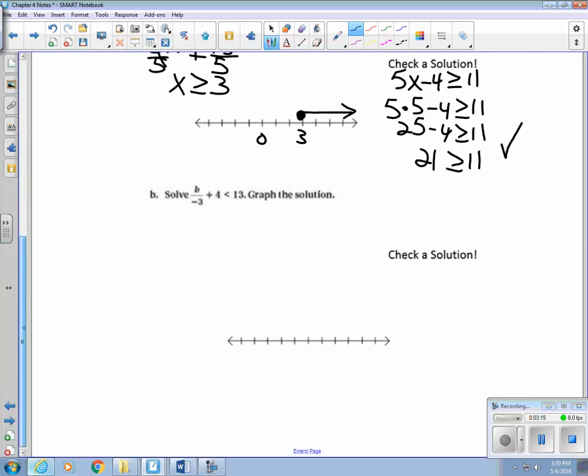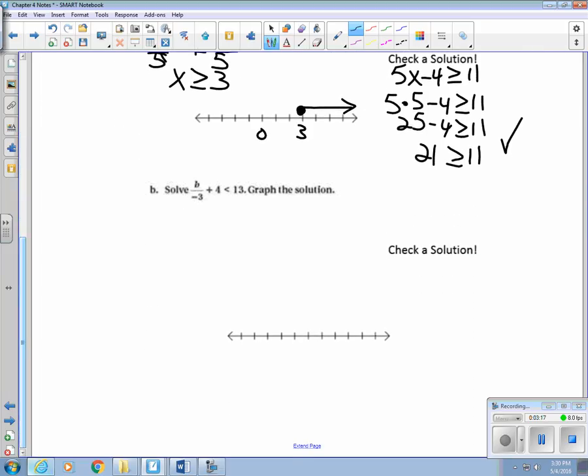So let's take a look at one more example of this. Solve b divided by negative 3, or b over negative 3, plus 4 is less than 13. Rewrite this a little larger. Okay, going to solve this like I would an equation.